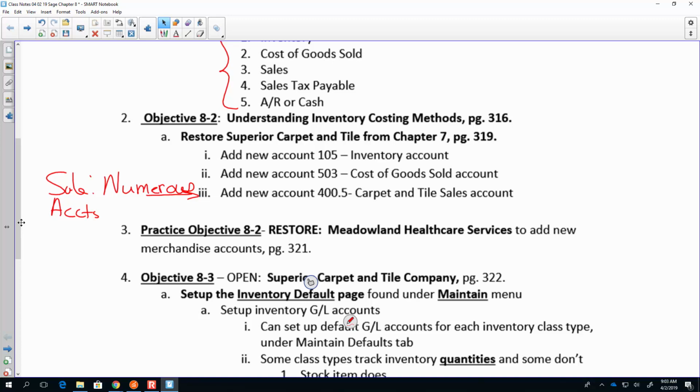Or if there's a specific part number that you want to track, or various parts that you want to track, you have to set up those sale accounts. Determine profitability by segment or product line.